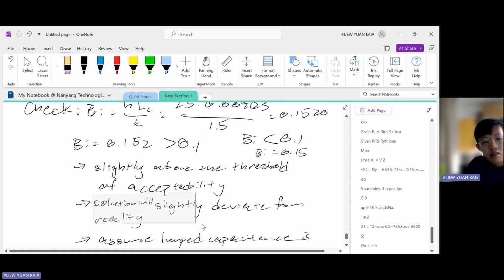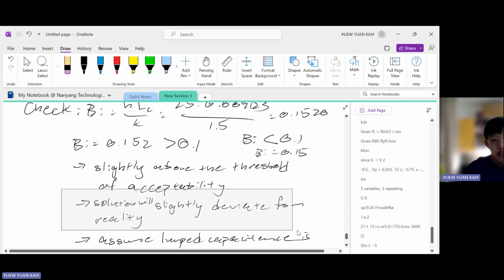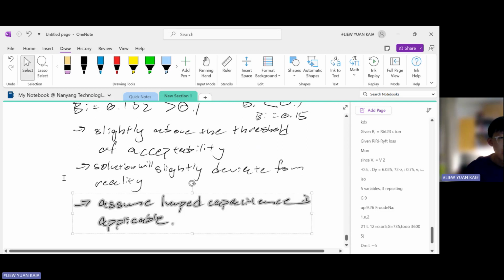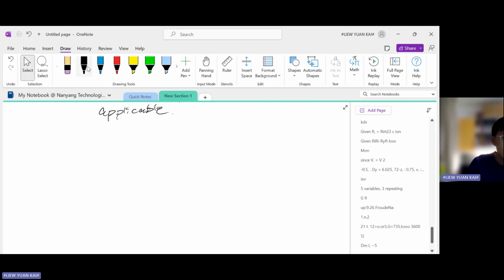So the solution will deviate slightly from reality. Since it's just a bit over the Biot number that we want, it's going to be a bit different from reality. But we must go on, otherwise we have no solution. So we must assume that lumped capacitance is still applicable.